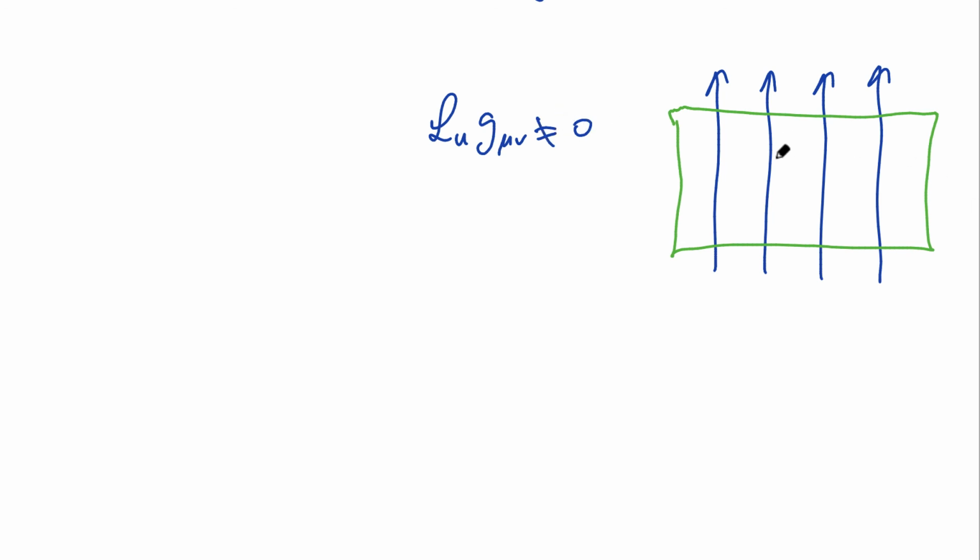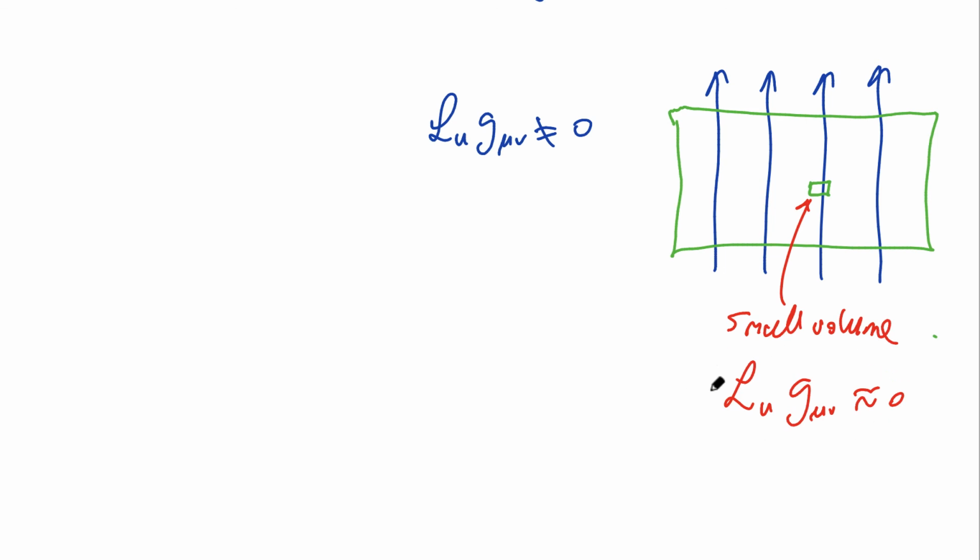But if instead of a large spacetime volume like this, we take a very small spacetime volume, then the Lie derivative along these integral curves is approximately 0. If we take the volume small enough so that it's small compared to the scale on which the curvature or geometry is changing, then this Lie derivative is approximately 0.